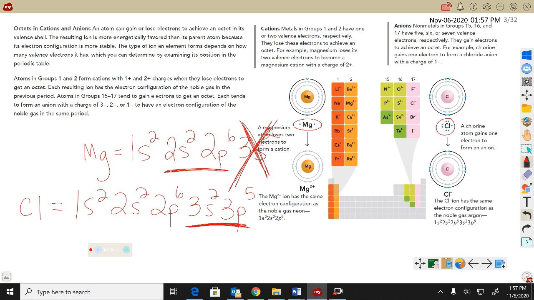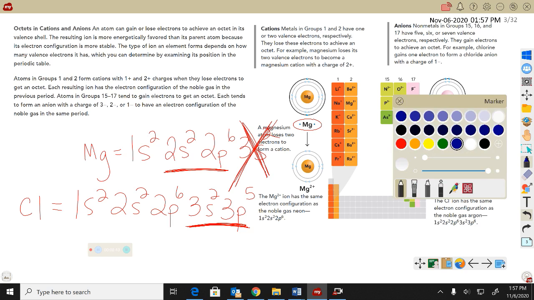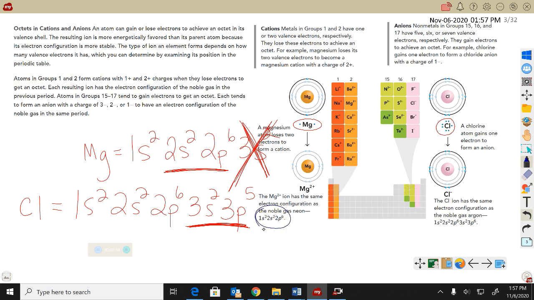Notice that here they're showing me that the ion's configuration will look like a noble gas. Magnesium, if I lose those outer 2 electrons, I'm down to 10 electrons. The element that normally has 10 electrons is neon. If I'm chlorine, and normally I have 17 electrons, but I gain 1 more, I'm going to have an electron structure that looks like the nearest noble gas, argon.